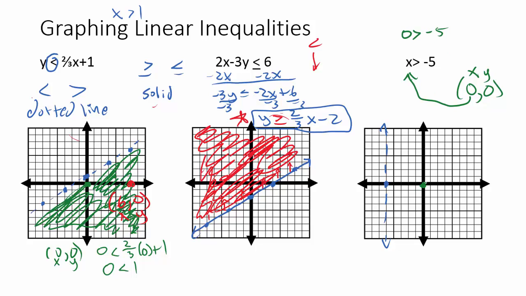And remember, 0, 0 is over here. That does make a true statement, so I want to shade in the direction of the point that I tested. If it was an untrue statement, I would have shaded to the left of the line. Okay, so I'll shade over here. And then that should be my shaded area. Again, any point that you plug in there should work over on that right side of the line.